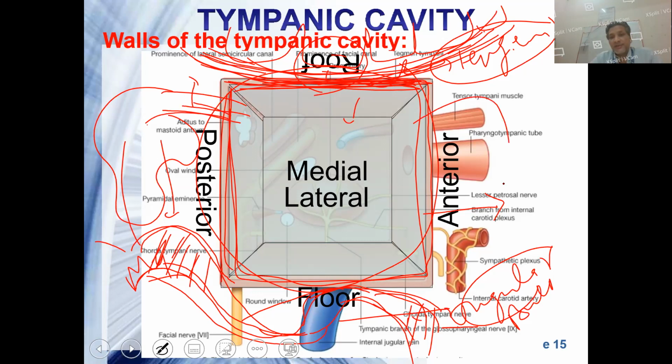So anteriorly, we will discuss, deep to the internal jugular vein or jugular bulb will be the internal carotid artery. Deep to the eustachian tube, deep to the jugular bulb, medially and anteriorly will be the carotid artery. This is called the petrous carotid artery.